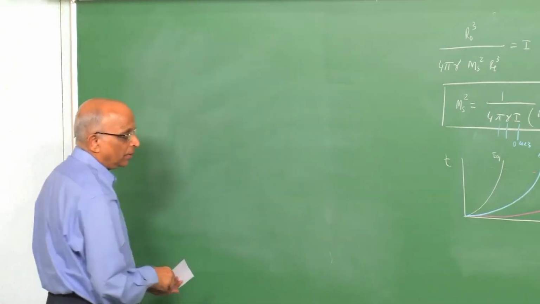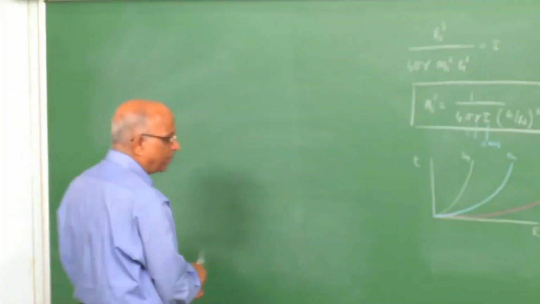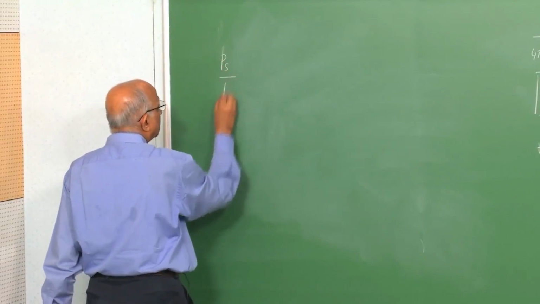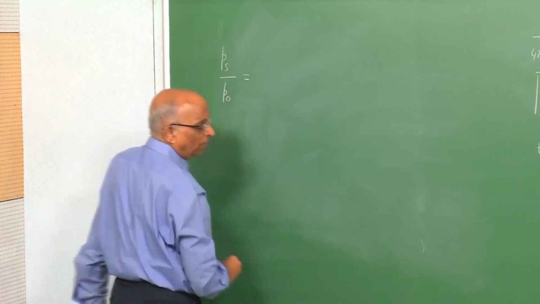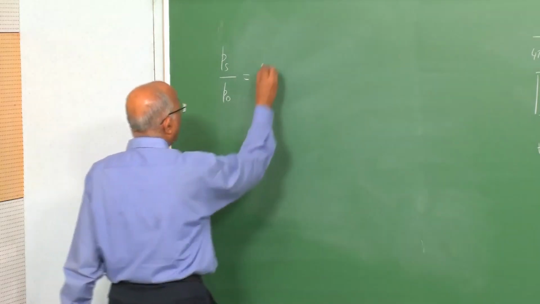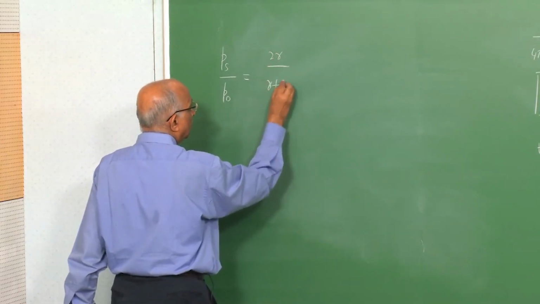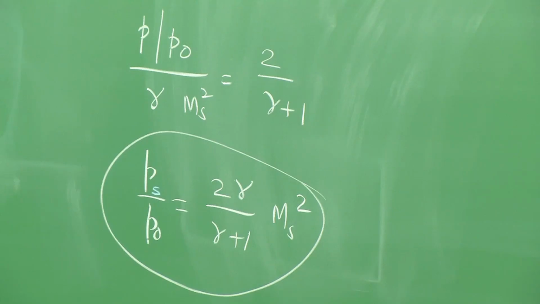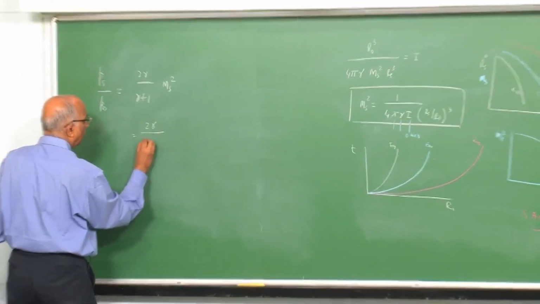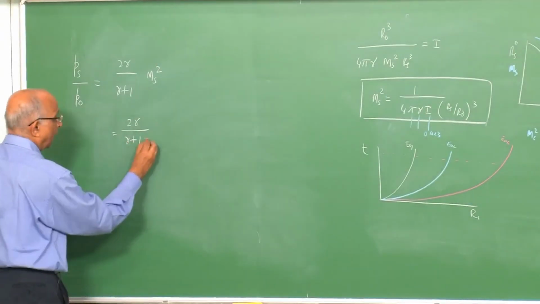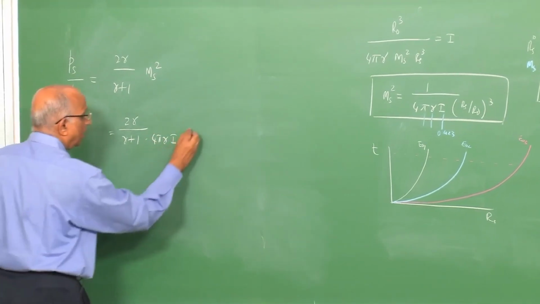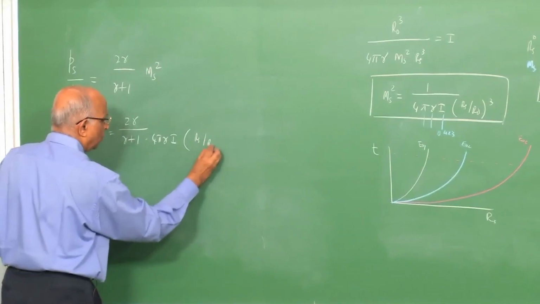We therefore write from the expression over there Ps by P naught is equal to 2 gamma by gamma plus 1 into Ms square, but Ms square is equal to 1 over 4 pi gamma I. Therefore, this I can write as 2 gamma over gamma plus 1 into 4 pi gamma I into Rs by R naught cube.